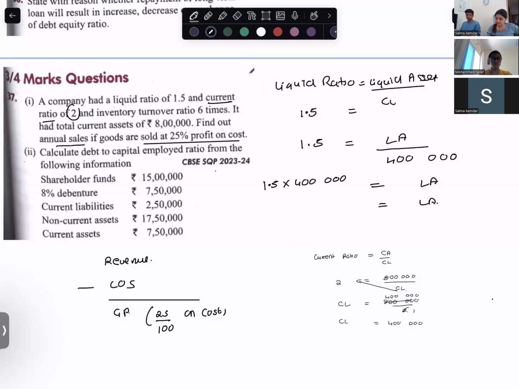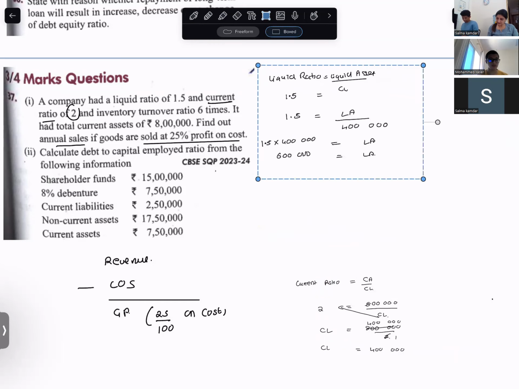Liquid assets is how much then? Liquid assets is 600,000.